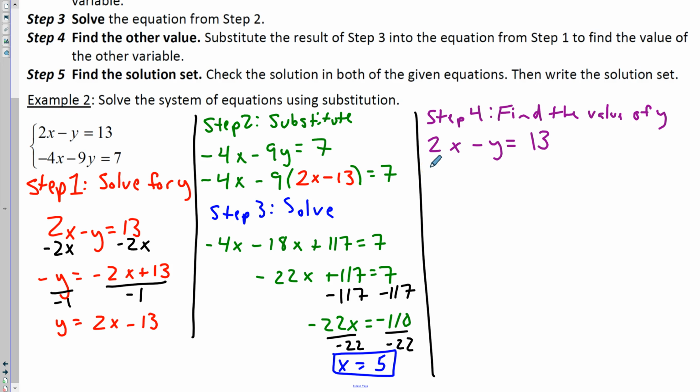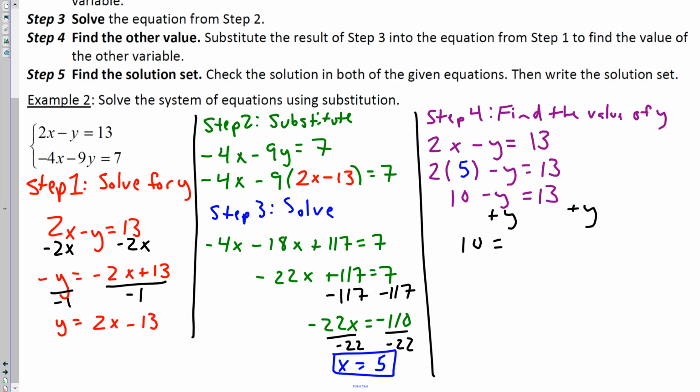So I prefer going back to the original two equations, but you could have just as easily used the y equals 2x minus 13. Either way, how that would work is you're going to now substitute in the value that you found for x here. So x was 5. And then get your y value. So this is 10 minus y equals 13. This time, let me go ahead and do something different. I'll add the y.